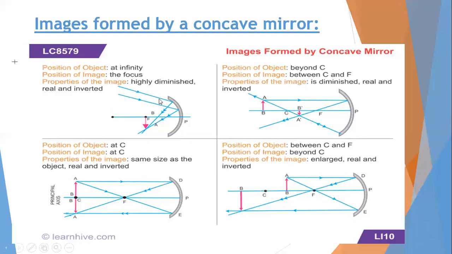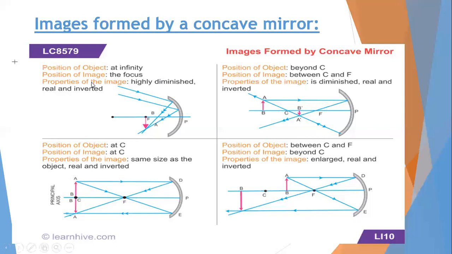When the rays strike the concave mirror, after reflection they meet at a point. This is called the focus. The position of the image is at the focus. The size of the image is diminished. Diminished means very, very small. And the nature of the image is real and inverted.